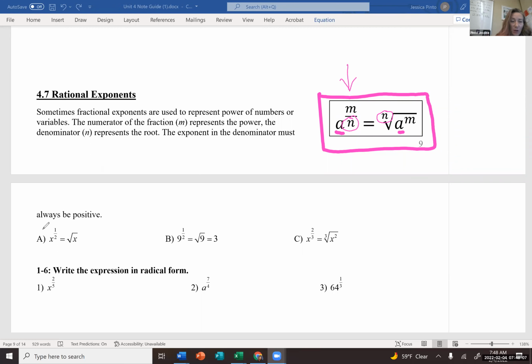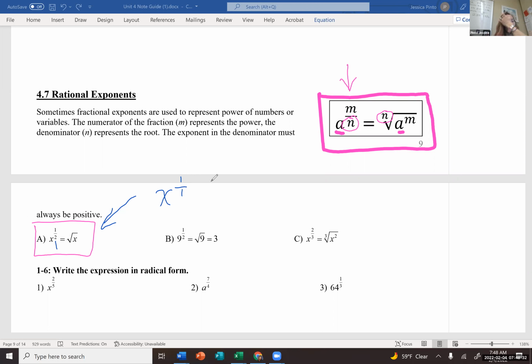And we're first going to examine the most common. So looking here at example A, we've got that x to the 1/2 power is equal to the square root of x. And what we notice there is that the denominator is 2. 2 is going to be the smallest denominator possible for a rational exponent because imagine x to the 1/1 power.